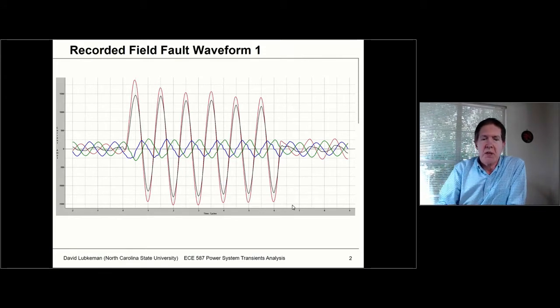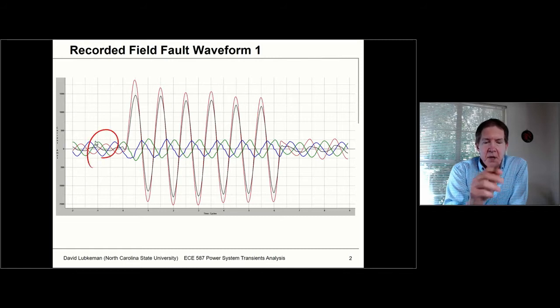Before the fault occurs, we observe a normal steady state current where the currents are somewhat balanced, not exactly because load's not always exactly balanced. The phase currents are shown by the red, blue, and green waveforms. The black waveform turns out to be the neutral current, which is the sum of the three currents.